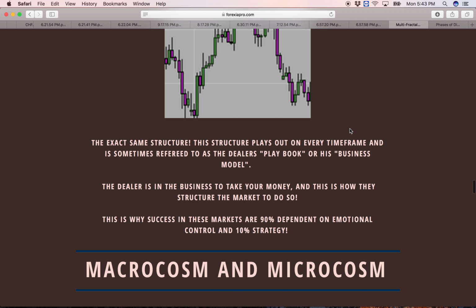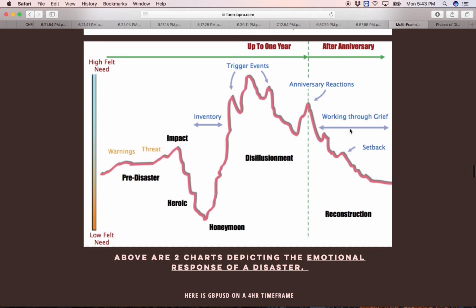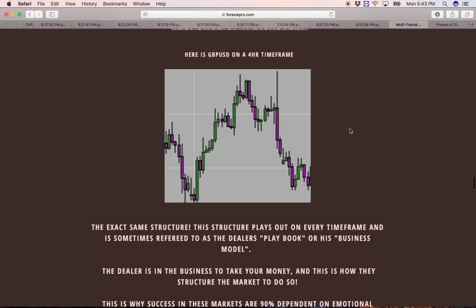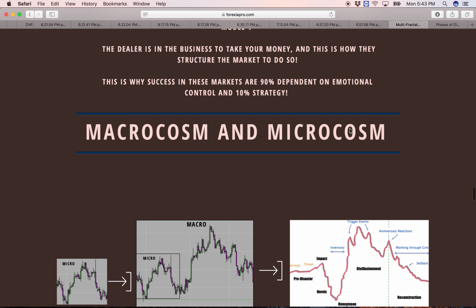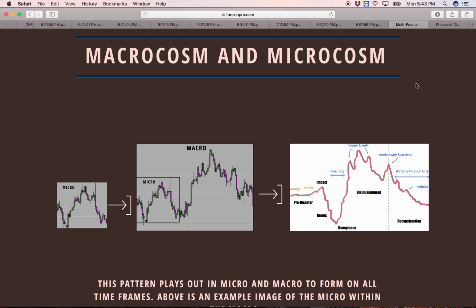Like I said, these structures occur in micro and macro form. So, here's the micro.